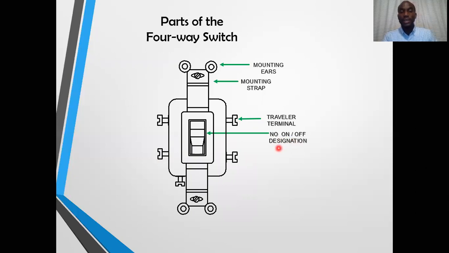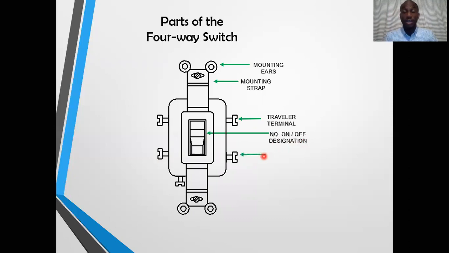As we recognize that this will be adding to the locations through which a device may be controlled, there is no need to indicate in which direction would be on or off in this switch's operation.